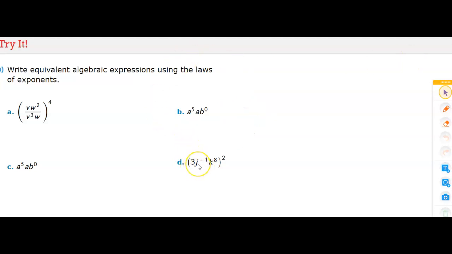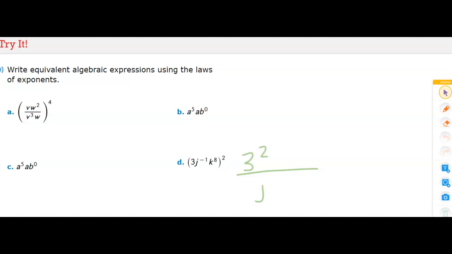Now we have in parentheses 3 times j to the negative 1 times k to the power of 8. And outside of the parentheses is the exponent of 2. So now I'm going to expand it. So 3 to the power of 2. That j is going to go on the bottom because of the negative exponent. So we're going to show it as division.